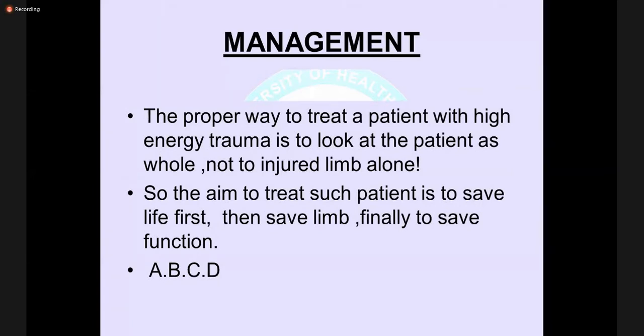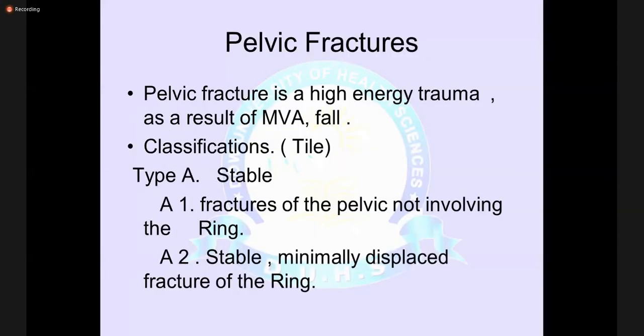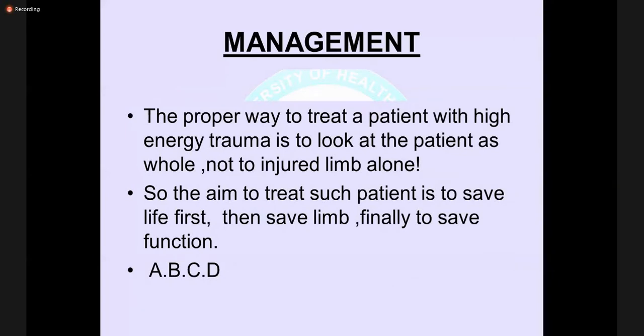The protocol which we will follow is ATLS, Advanced Trauma Life Support: airway, breathing, circulation, and the visible deformity. In the airway, we look whether the breathing is continuous and the airway is maintained. Examine the nostrils, see whether the chest is moving or not, palpate the pulse, and look for visible deformity.